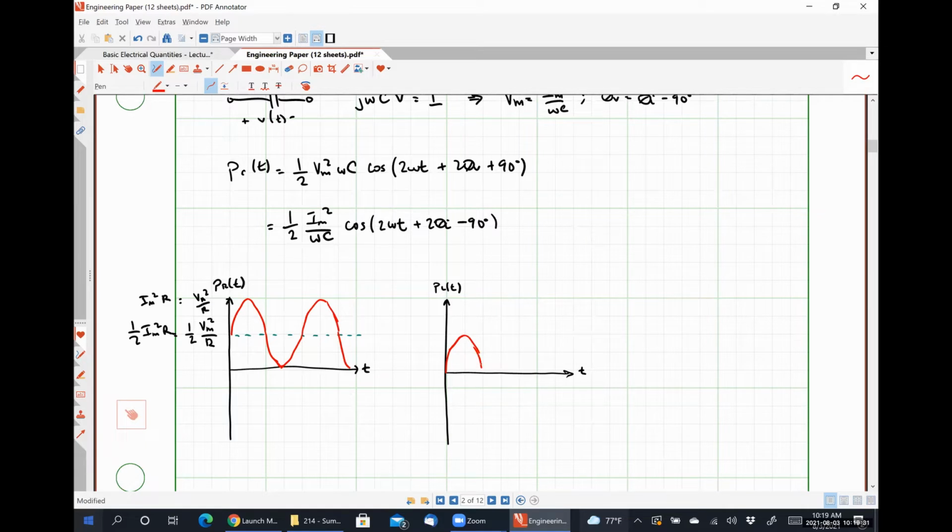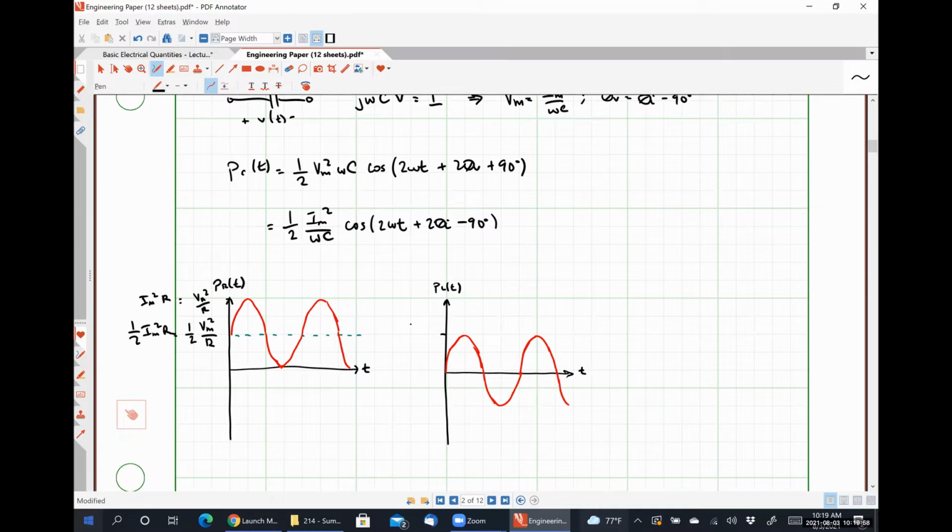Might be shifted in time some, but generally speaking, it's going to look something like this. Exactly half of the time, it is absorbing power, and exactly half of the time, it is supplying power back into our system.